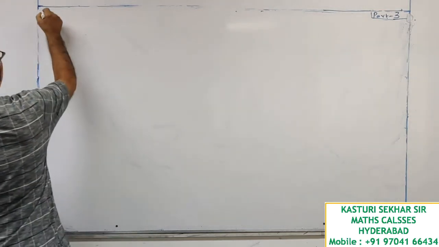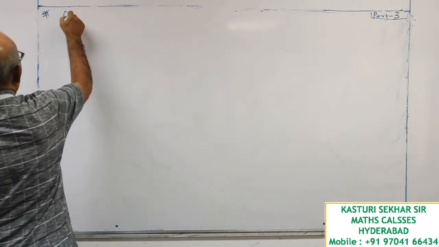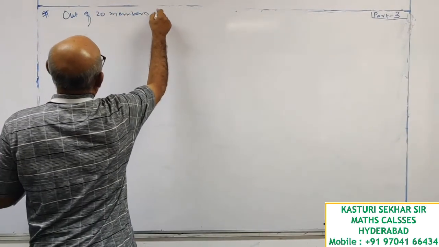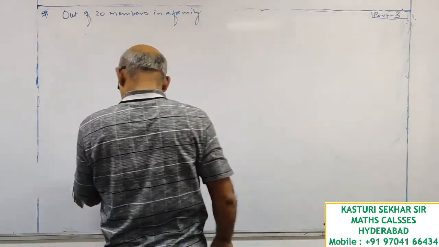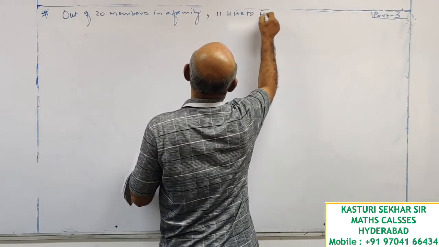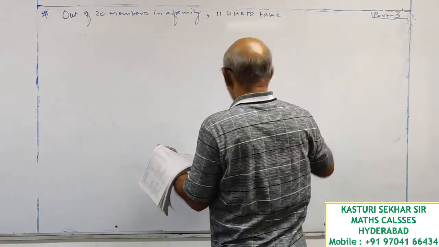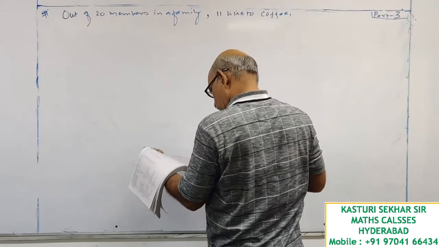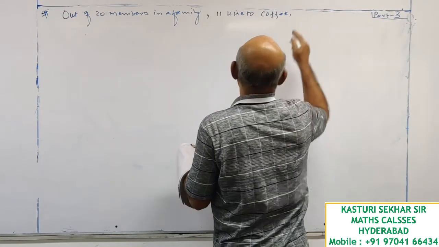Let us see the question here. Out of 20 members in a family, 11 like to take coffee, or 11 like coffee. 14 like tea.